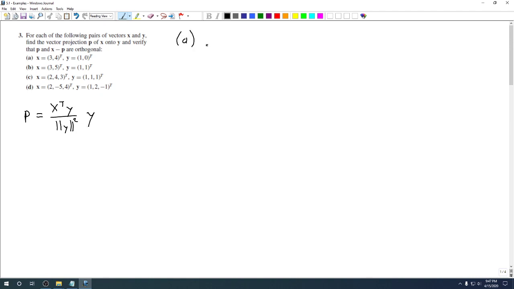So we work on A. Here we need to find out what x transpose y is. We're just going to take the inner product, so 3 times 1 plus 4 times 0, and hopefully it's not too hard to see that is actually equal to 3. Magnitude of y. Technically, magnitude of y would be the square root of stuff, but since we're squaring it, we don't have to worry about that.